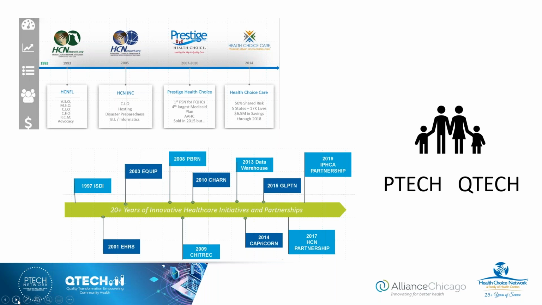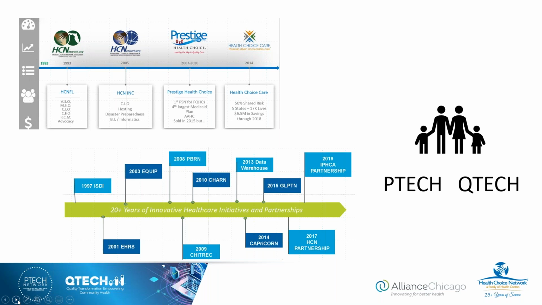So Health Choice and Alliance Chicago are actually amongst the oldest networks in the country. We were founded in the 90s. Health Choice Network actually led the way, and we shortly followed suit, admiring the value proposition and the accomplishments that they did early on in the 90s.